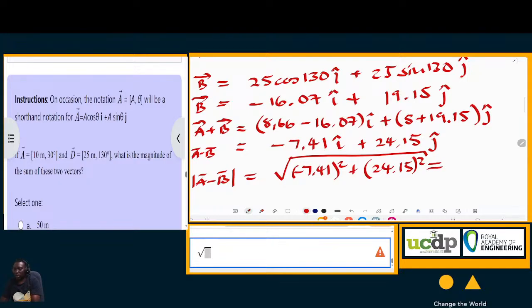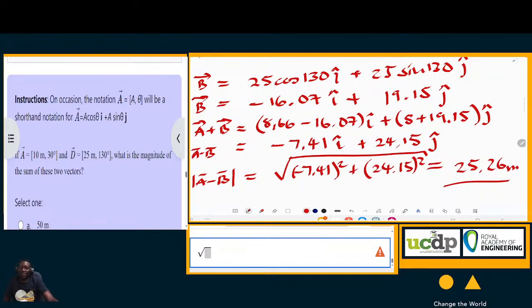And that should give us what? 25.26. So I think we have meters here, right?